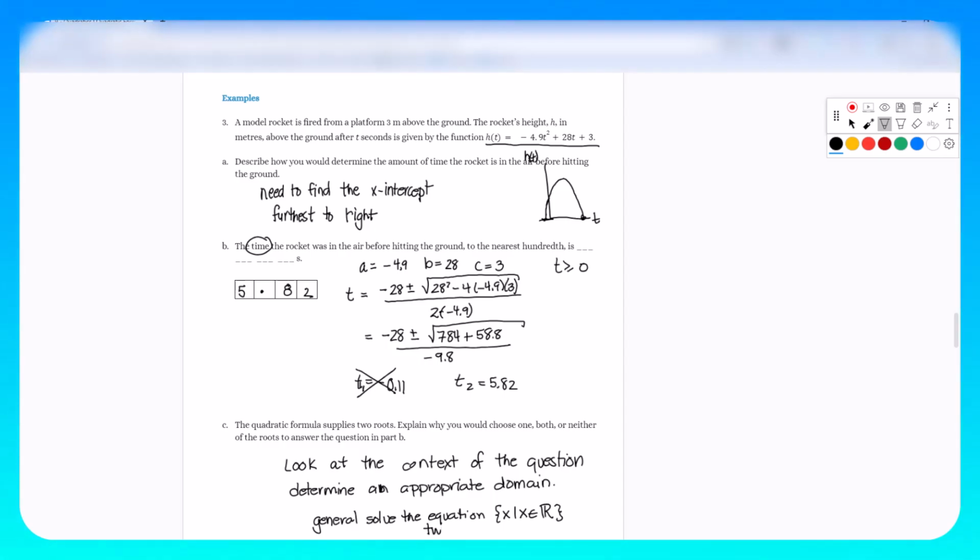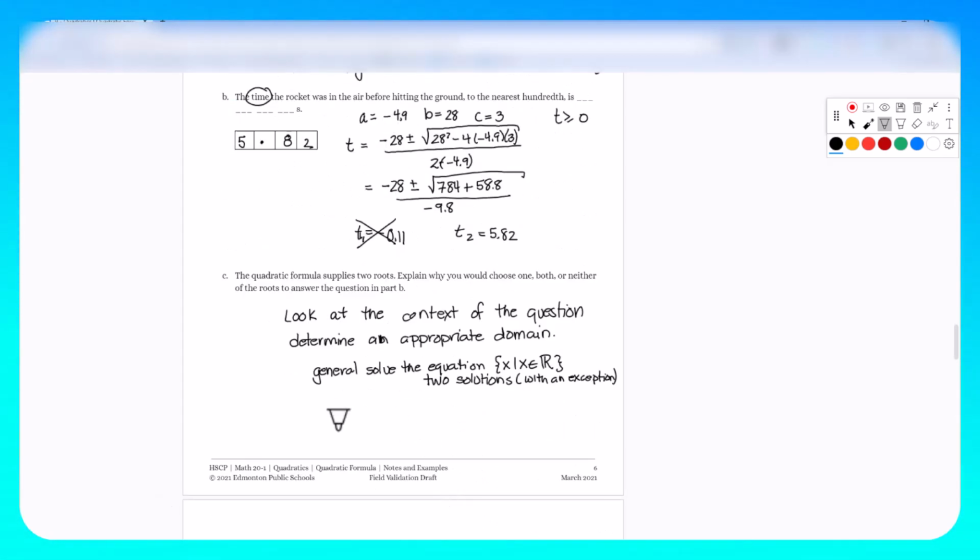So there will be two solutions with an exception, which we're going to get to in a minute. But in the context of a question, there may be one, there may be two, or there may be none.